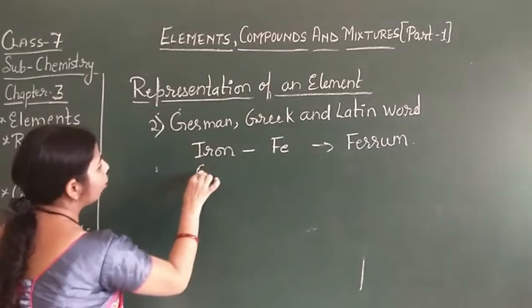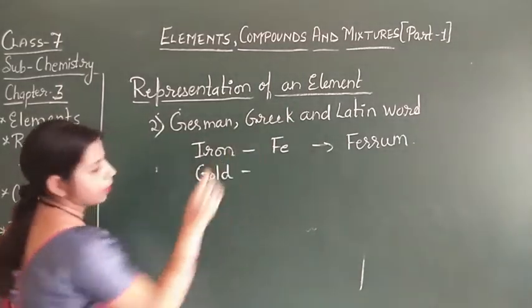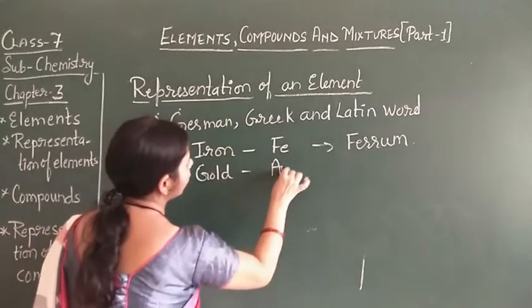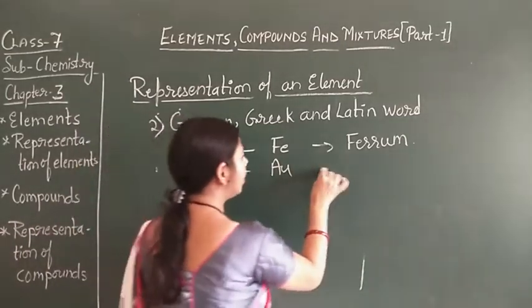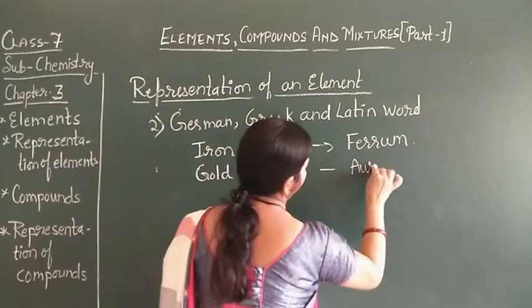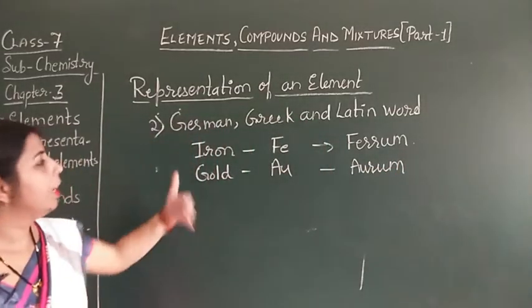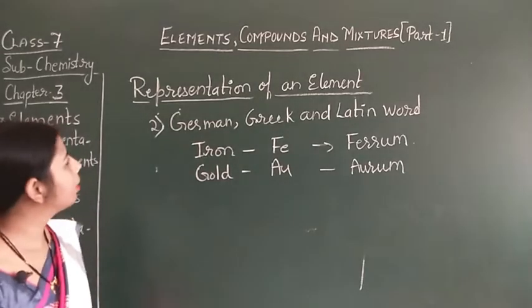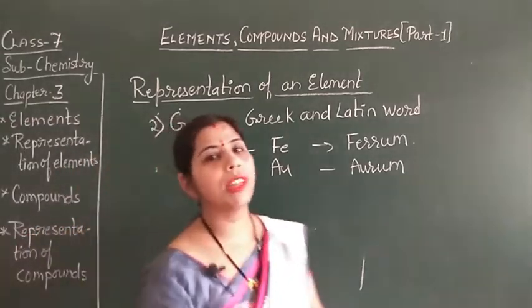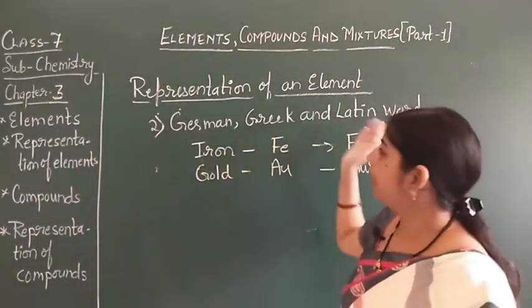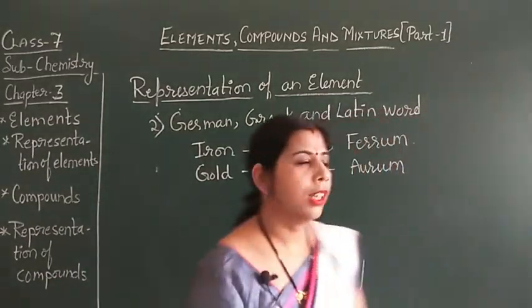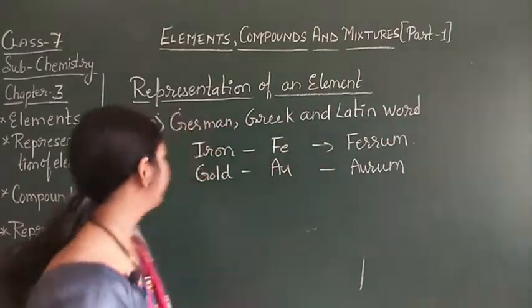Next is gold. The symbol for gold is Au, and it is from the other word, that is aurum. That means in this way we can also denote the symbols of an element by using Greek, Latin and German words. These are only two or three examples.